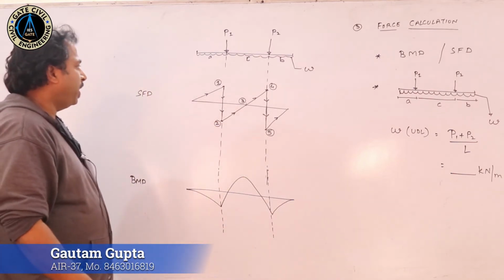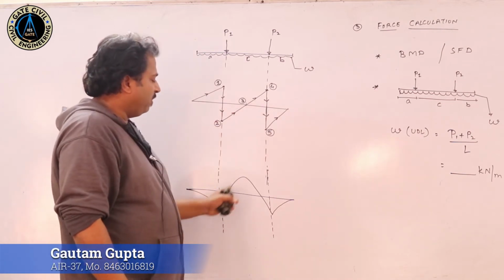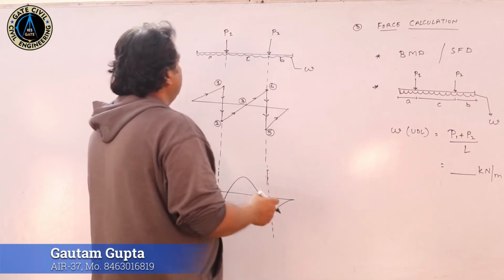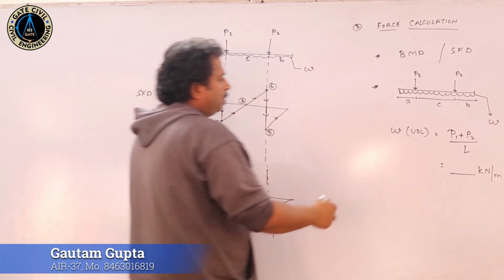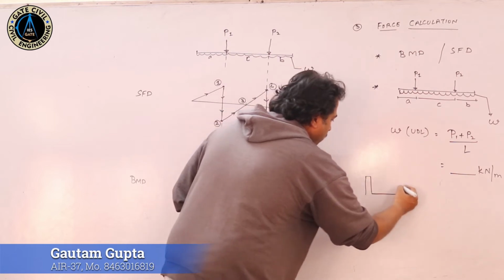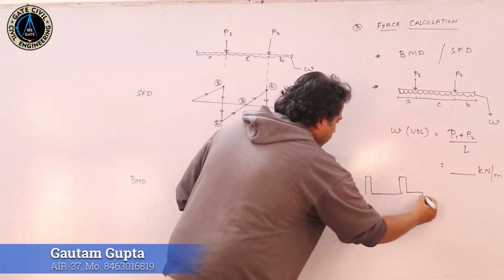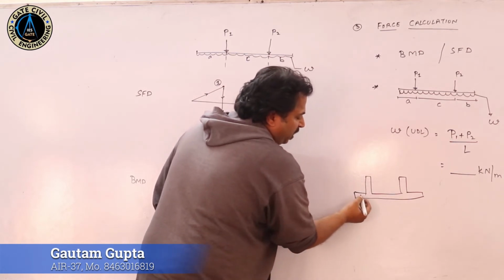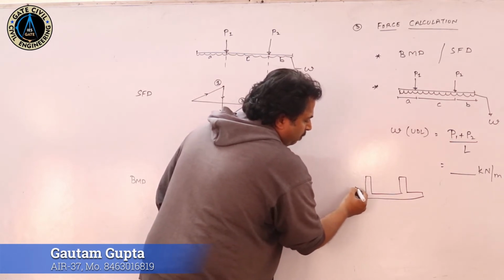Most of you might have a doubt about why we have made this particular type of diagram. So, just to see, this is the foundation system. So, the deflected shape will be something like this.